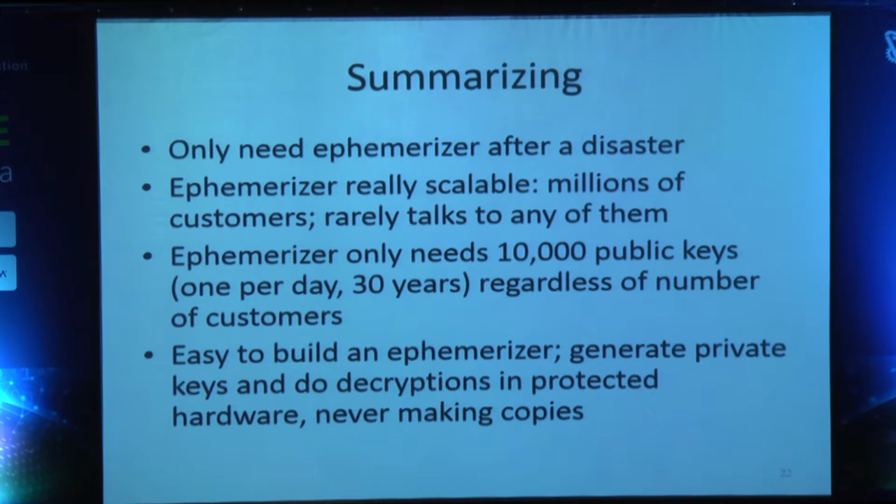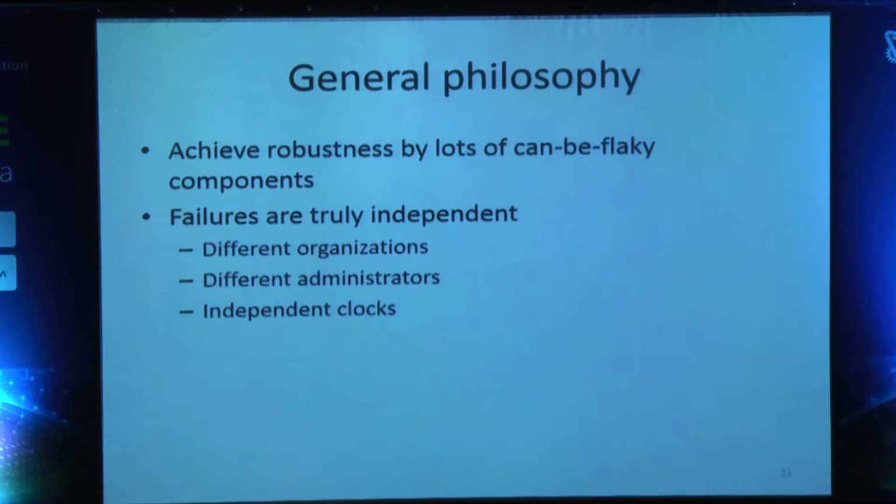And it's very easy to build an ephemerizer. I'll have some slides about that in a minute. So the general philosophy is that you can achieve robustness by using lots of components that are allowed to be flaky, and that it's really good to make sure that the failures are truly independent, which in this case they can be.